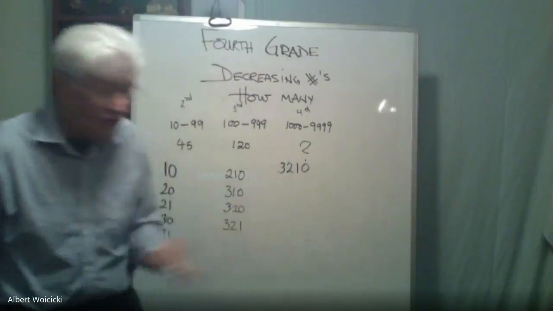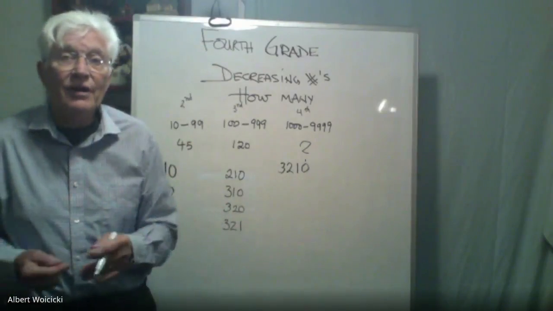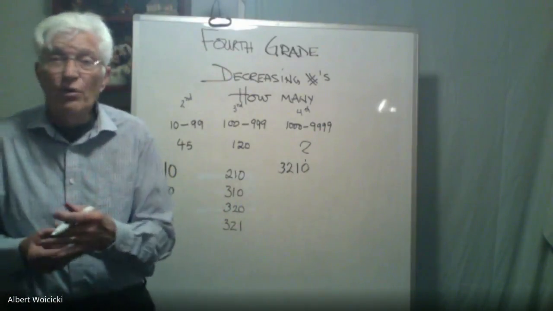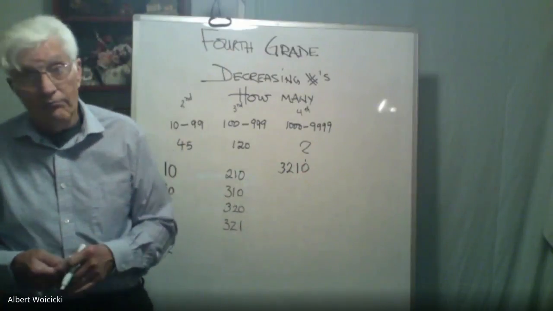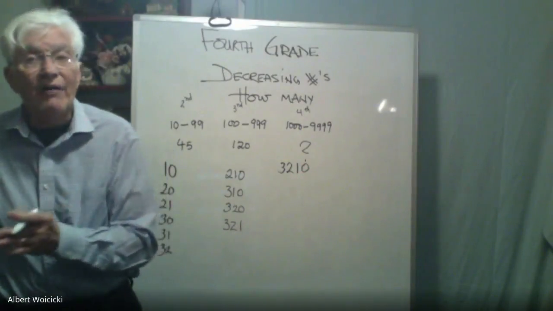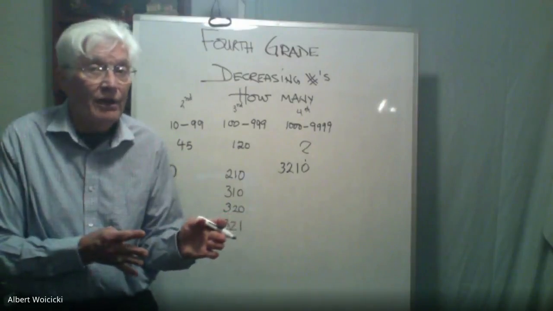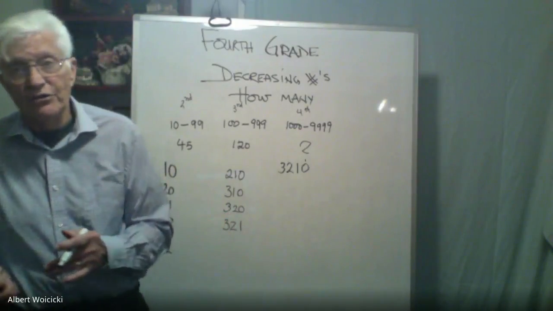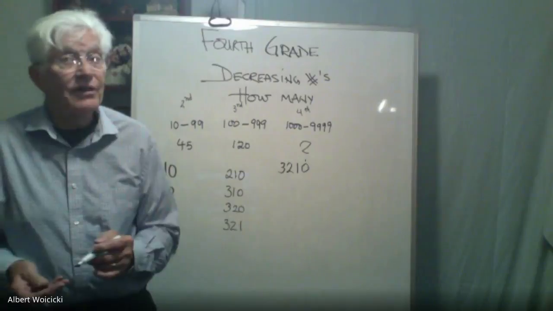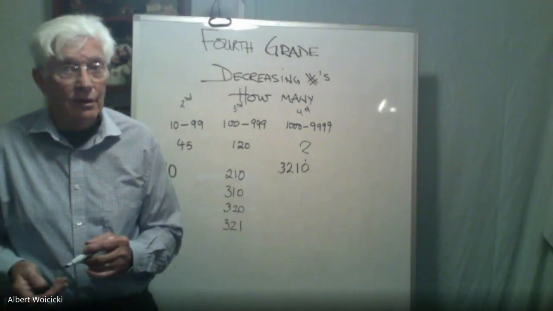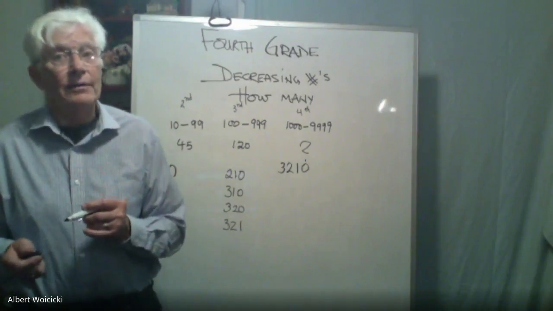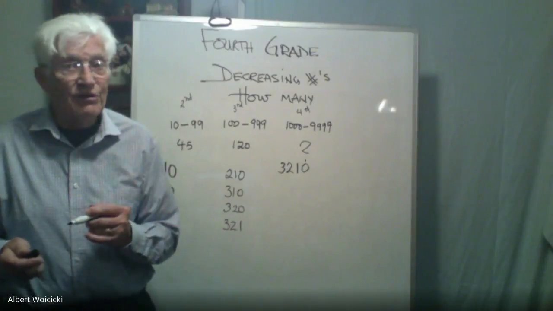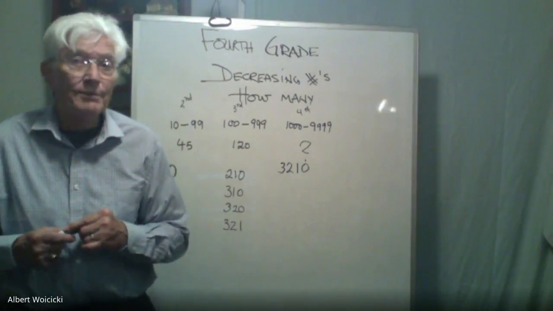That's the first decreasing number you have in the four digits. I mean, you have nothing before that. So you have all those numbers prior to 3,210 that are not decreasing. So think about that. There's a lot of numbers that just aren't of that type.